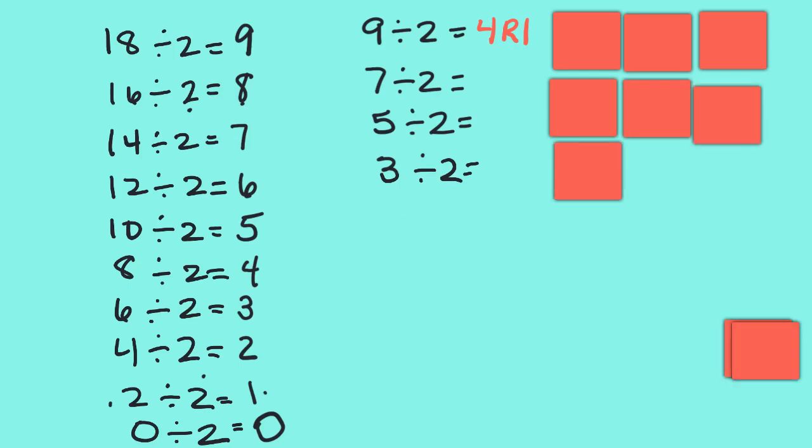Okay, and again with the 7 divided by 2, we know we can divide this in half by 3s, but then we have 1 left over. So the answer is going to be 3, remainder 1.